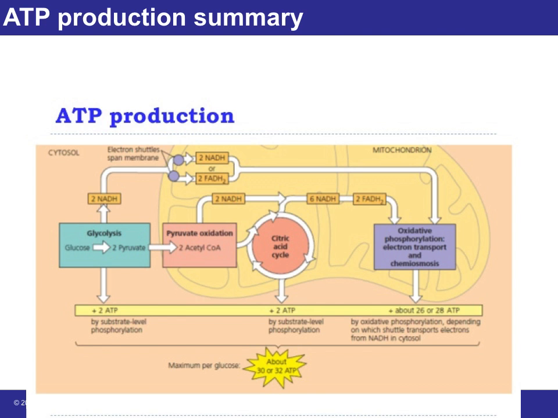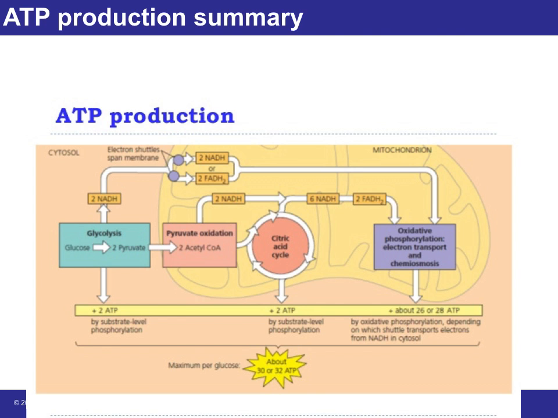And then when you have those 2 acetyl coenzyme A, please remember each of them, so you have 2 that are made from 1 glucose, each of them will go through the citric acid cycle, also called the Krebs cycle. Each turn of that cycle gives you 1 ATP. But because you have 2 acetyl coenzyme A, the net product will be 2 ATP produced by substrate level phosphorylation.